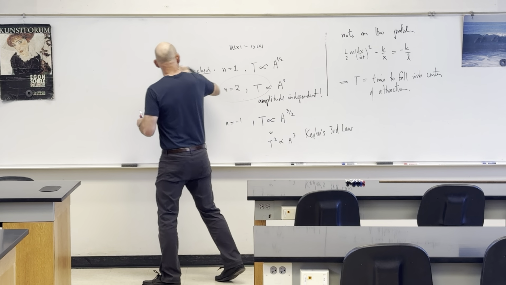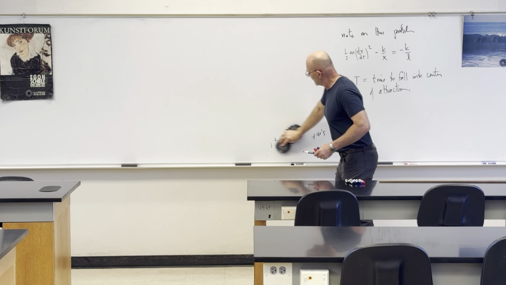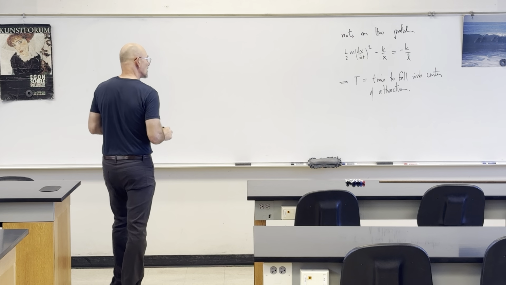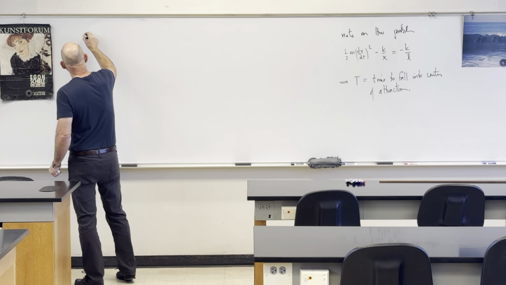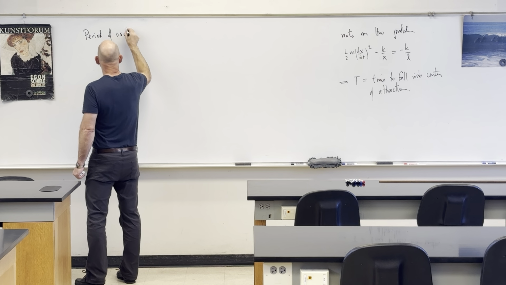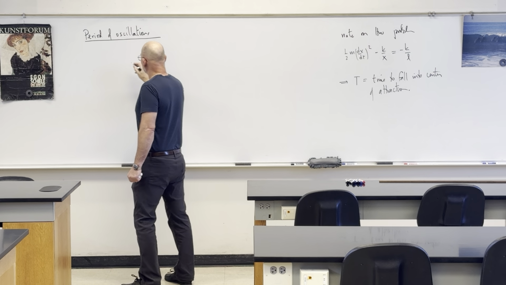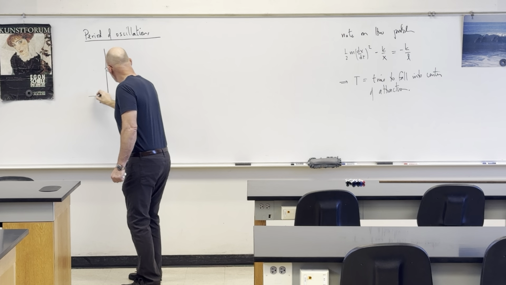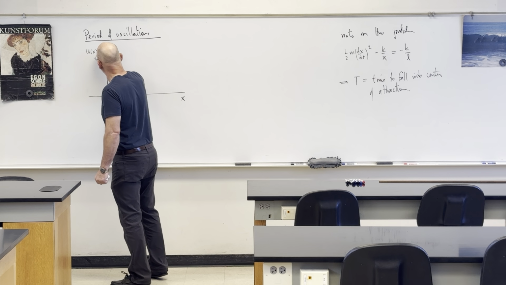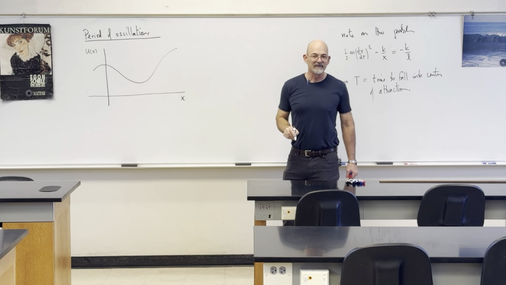Put this back up here. Just as a general topic now. We had a very specific case here. So once again, period of oscillations. The idea is, and I'll just draw the general type of case, suppose we have some function u of x like this.